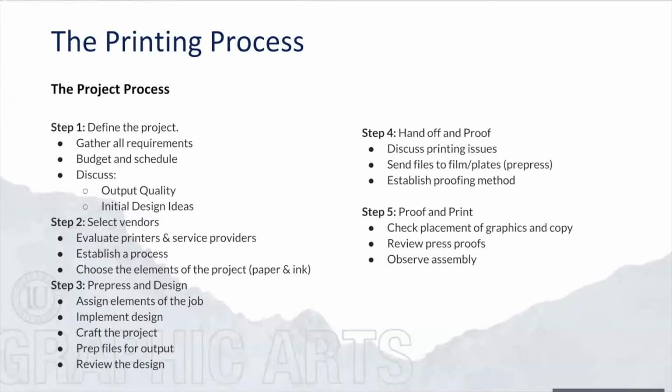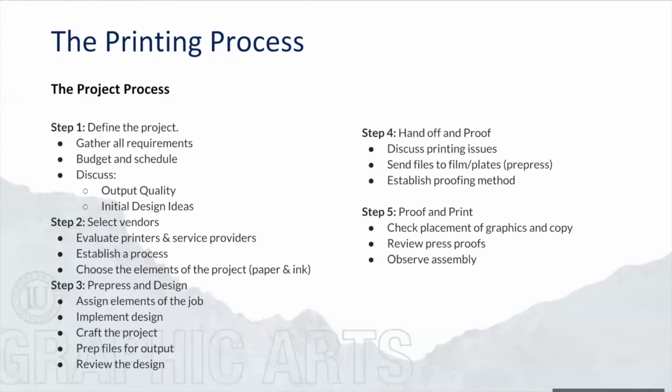Between you and your printer, establish a process. What is the turnaround time for them to give you a proof back and get something on the press? Are they going to be able to meet your deadline that you have with your client? If your deadline is 3 weeks from now on a Friday, what is the drop dead deadline that you have to have the files to the printer ready to go?